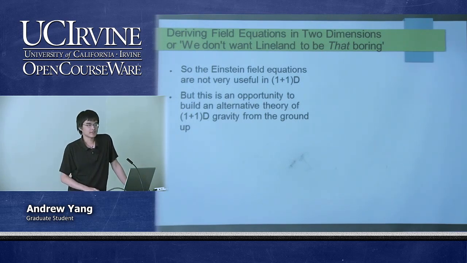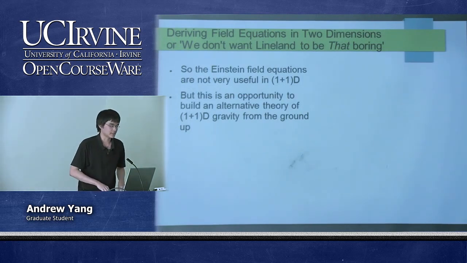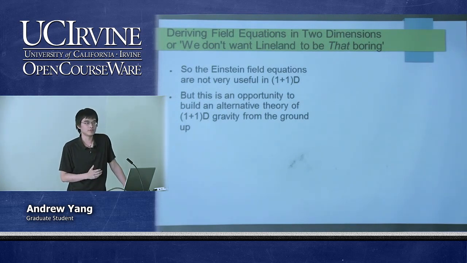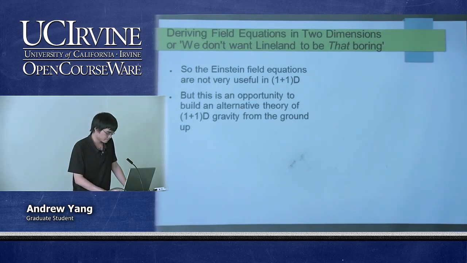So this allows us to sort of redo gravity, and this is a pretty interesting teaching tool, because it can cover a lot of the basics of general relativity really quickly without having some of the difficulties involved with the math.